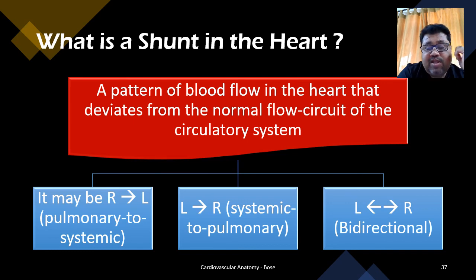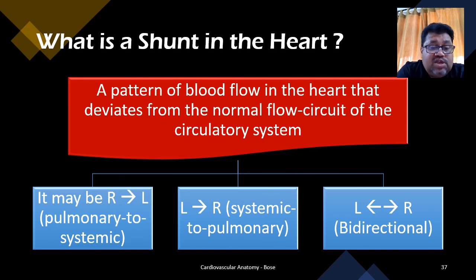However, under pathological or congenital malformation situations, this blood flow can change. If the blood flow changes from the vein to the artery, this is called a shunt.